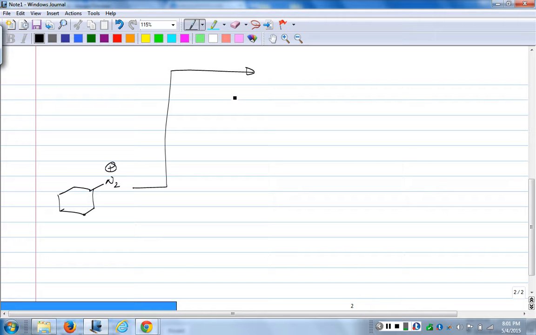So there's a series of reactions called Sandmeyer reactions, where it reacts with CuX. X will be equal to chlorine, bromine, or CN. This is copper 1. These are called Sandmeyer reactions.